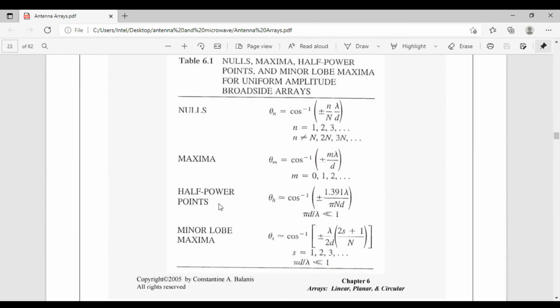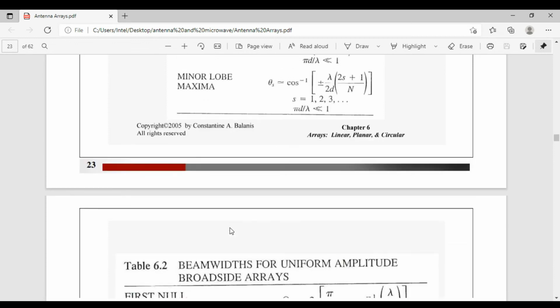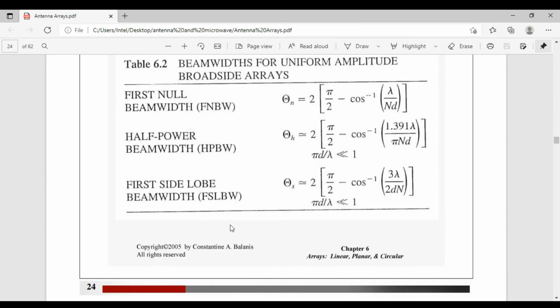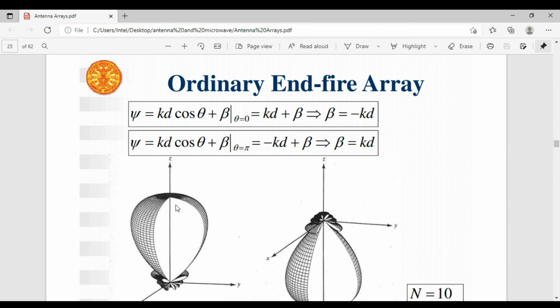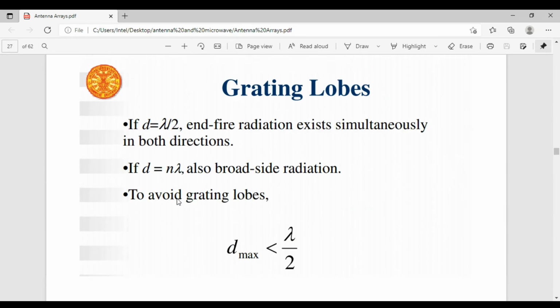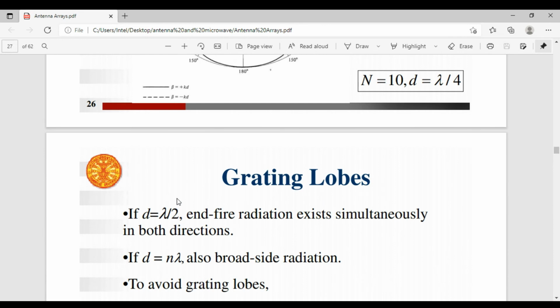So it is the nulls, maxima, half power points, minor lobe maxima. Then first null beamwidth, half power beamwidth, first side lobe beamwidth. Now the ordinary end-fire array. I already told you initially, end-fire array means equal amplitude and opposite phase.